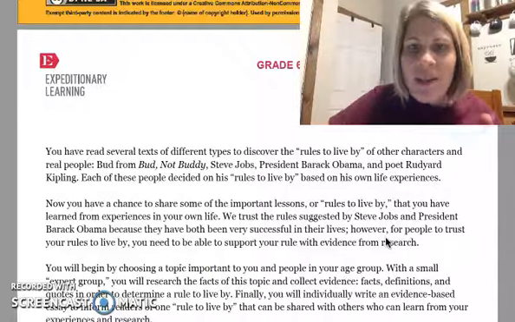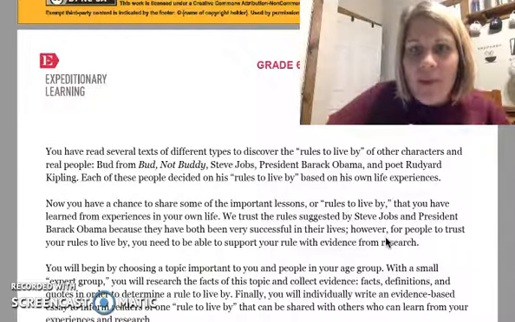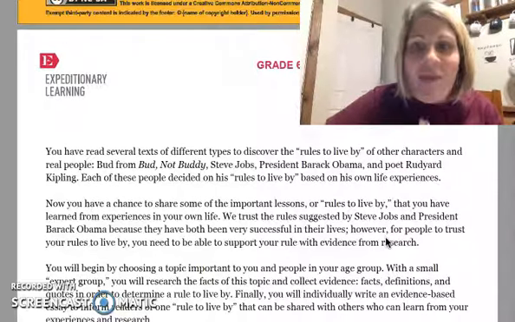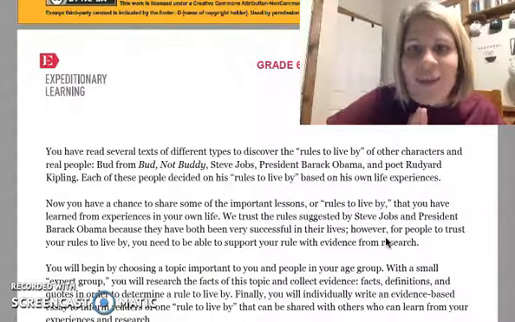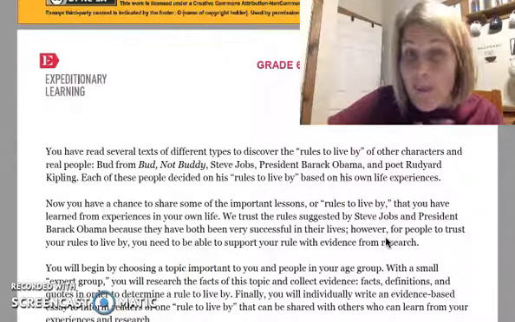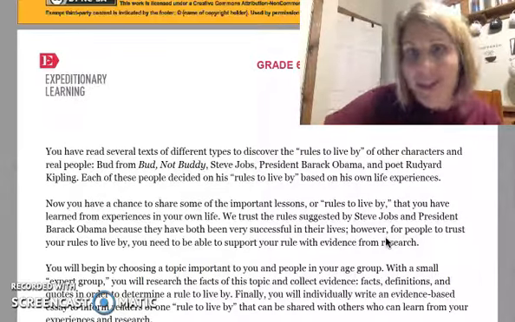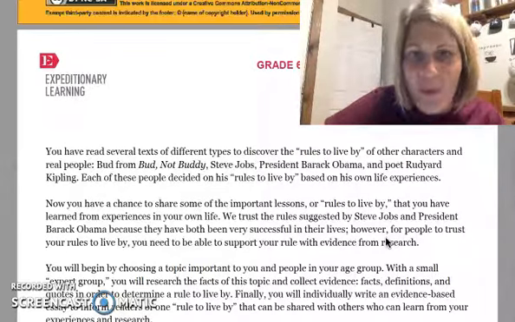Okay, so if somebody's been really successful, you just believe their rules because they're saying it. But because you are only in sixth grade, at this point, you haven't been super successful yet, and so you need to provide evidence. And then maybe one day, people will just believe your rules because you said them, because you'll be just as successful as the people we've read about.